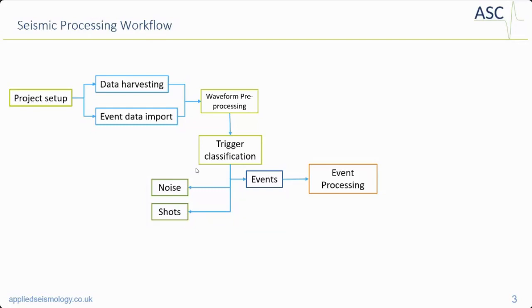Once we have the events, the next step is processing them, which basically involves identifying phase arrivals and locating our events.